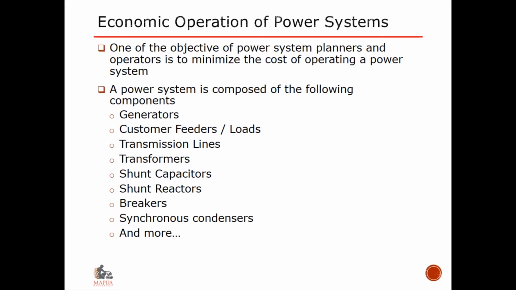Remember that a power system is composed of the following components. You have generators, customer feeders or loads, transmission lines, transformers, shunt capacitors, shunt reactors, breakers, and synchronous condensers. And there's a lot more in the power system.